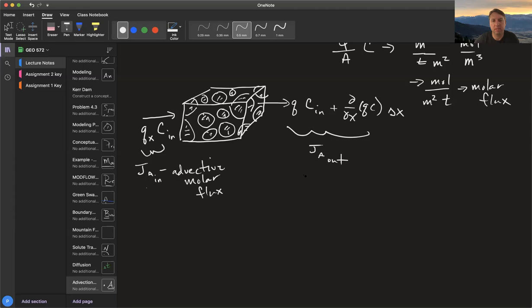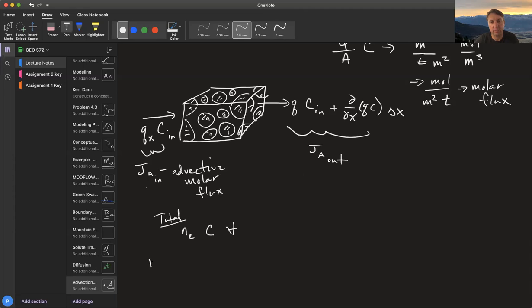All right. So the total mass of solute in here, remember, was the porosity n_e, which gives us the volume of water, times C times V. That's the total mass.